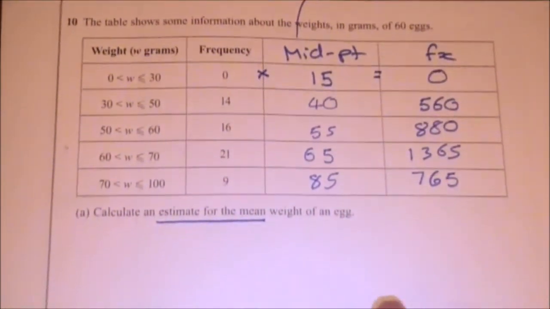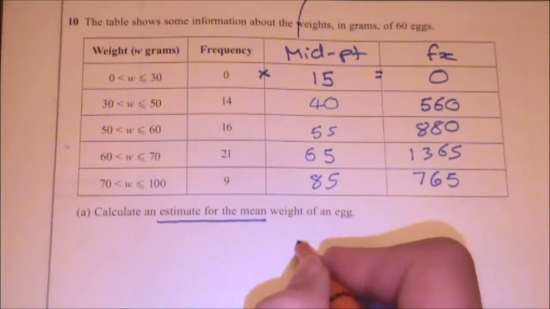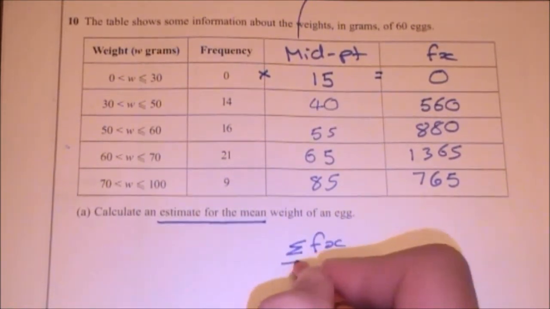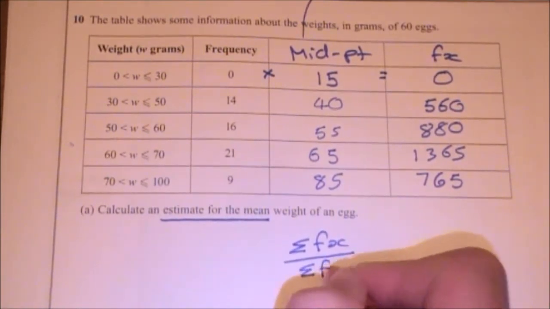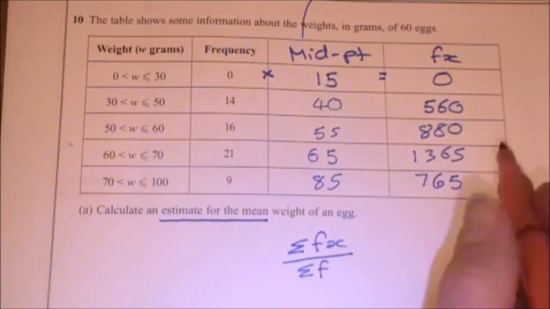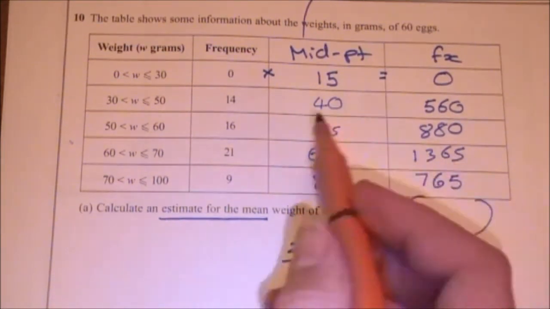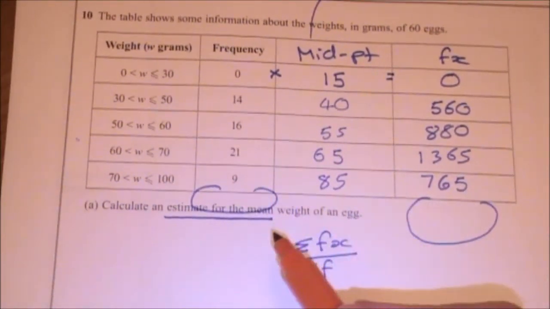Now, in order to find an estimate for the mean, I need to take my total fx divided by the total frequency. So that's the total of this column divided by the total of this column.